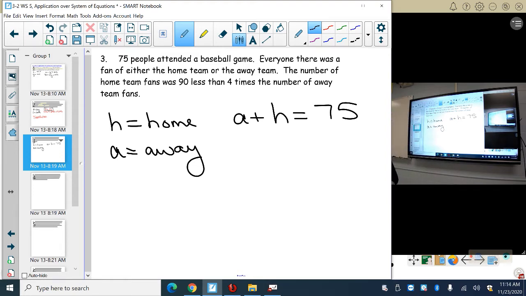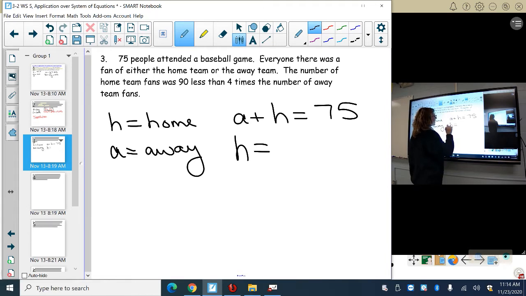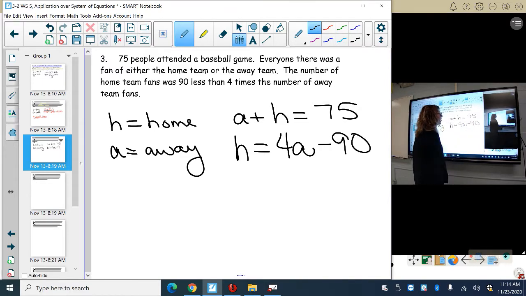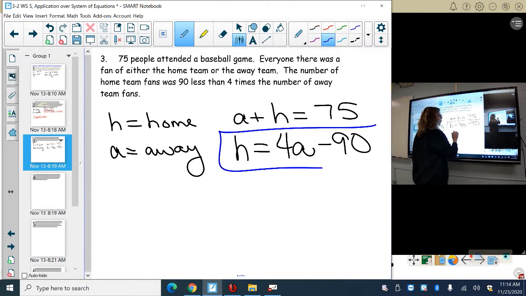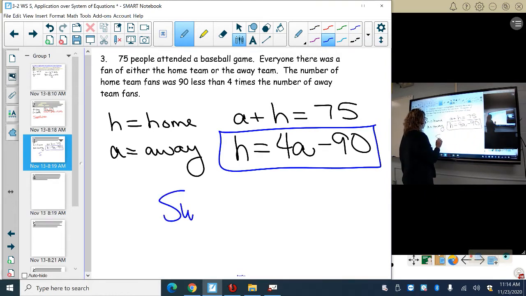The number of home team's fans was 90 less than 4 times the number of away fans. So I know my home team was equal to 90 less than what? 4 times the number of away team, and then you're going to subtract 90 from it. This is already set up for you for substitution.